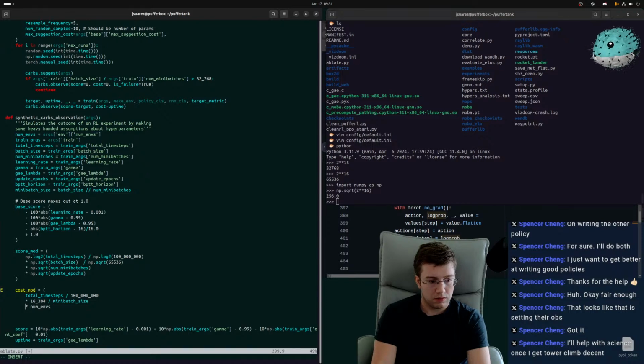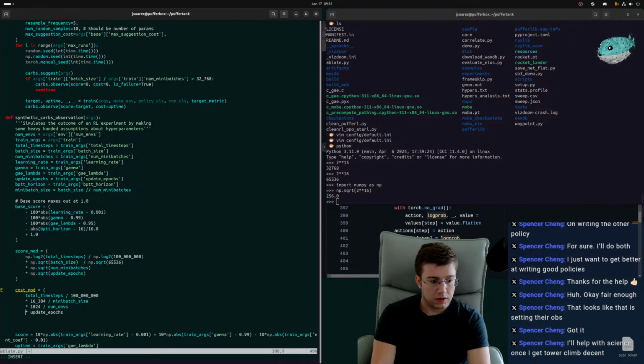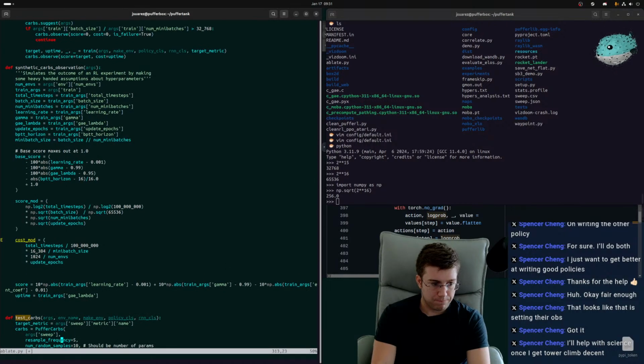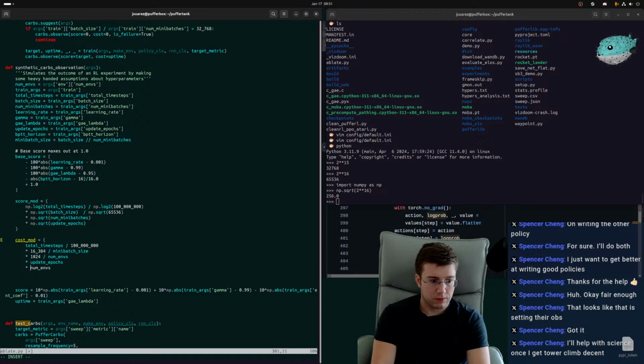Cost mod. Num m's times update epochs. Mini batches like this.